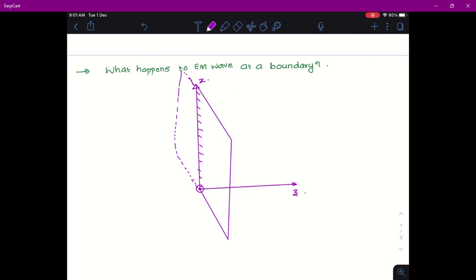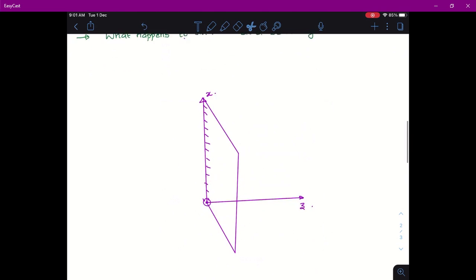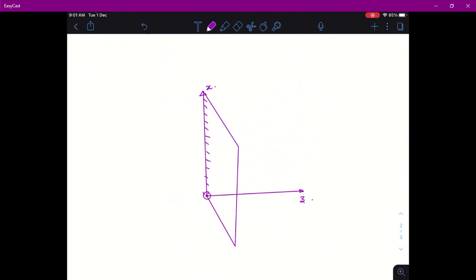Okay, let me draw it neatly. Something like this.